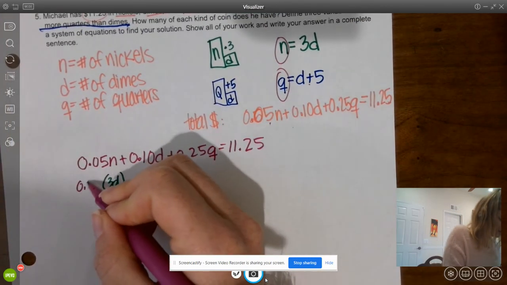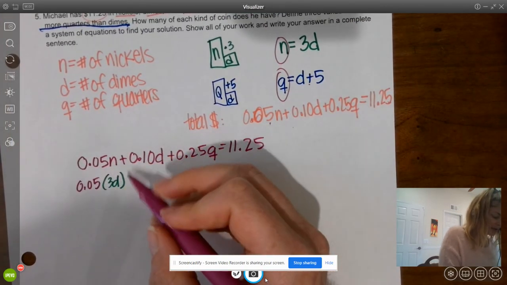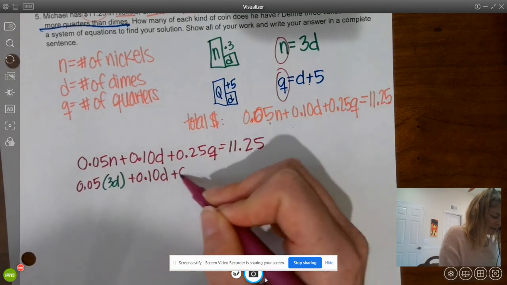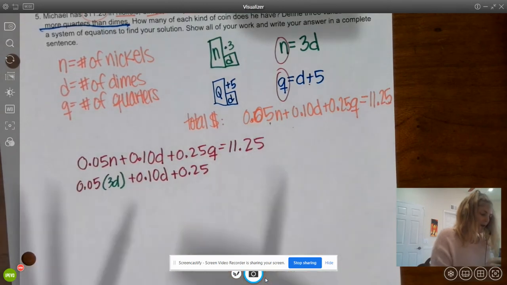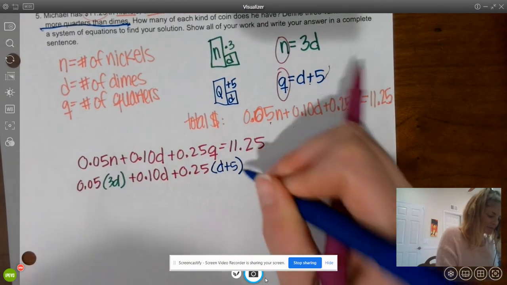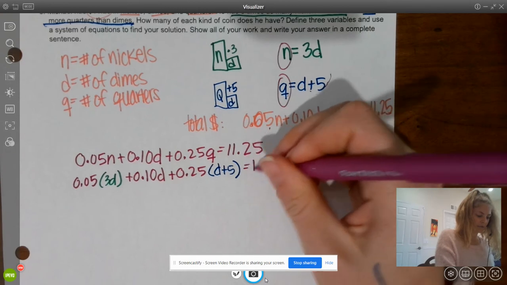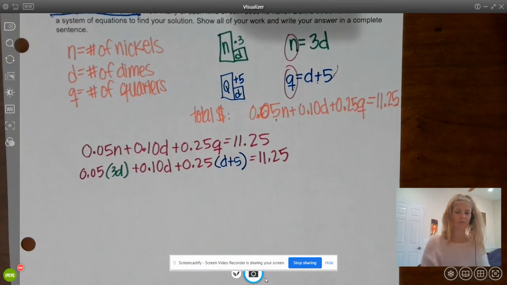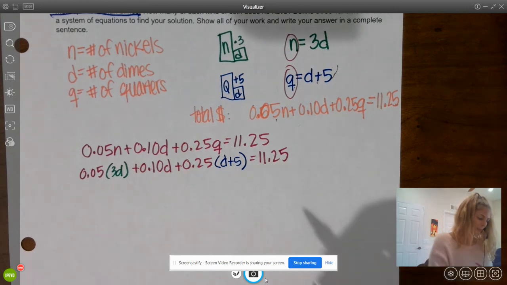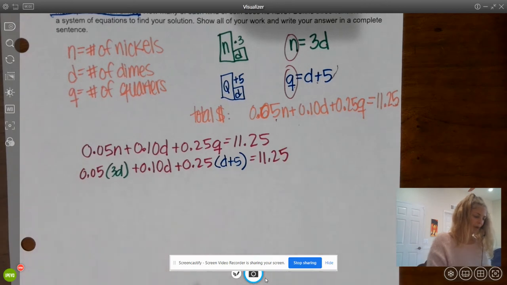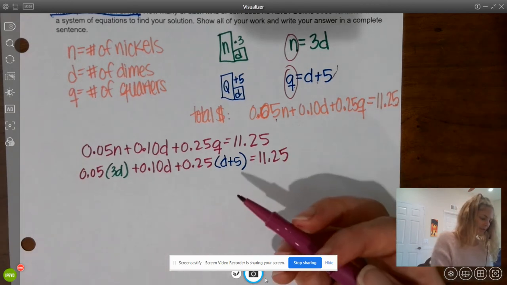So 0.05 times 3d plus 0.10d plus 0.25, and your q value is d plus 5, is equal to 11.25. You could have cleared your decimals if you wanted before this step, but I just didn't, which is fine. So from here, you could always clear your decimals if you wanted to.